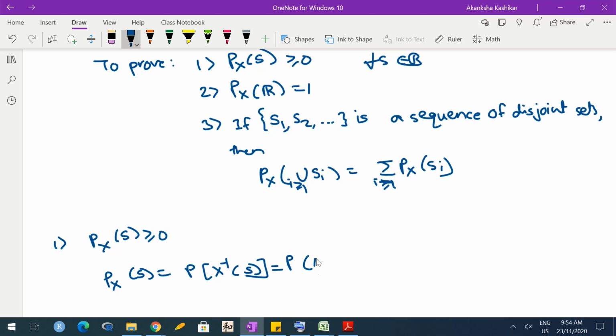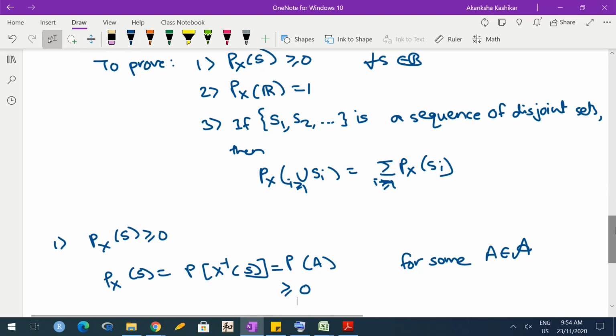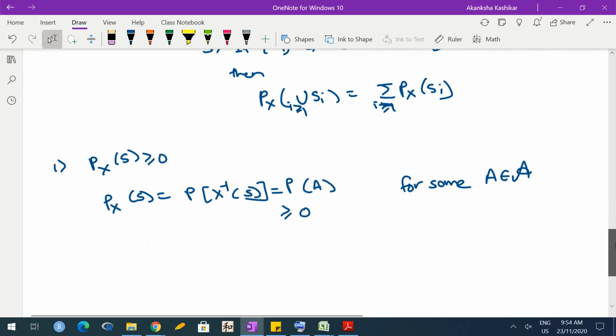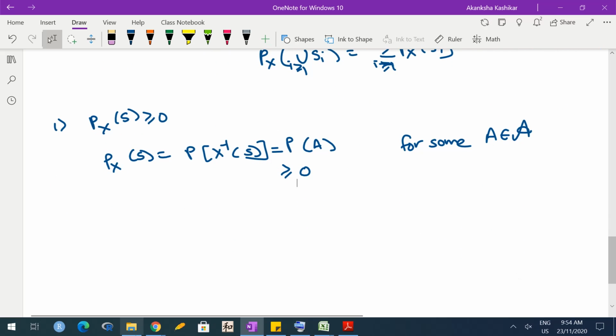So it is the probability of some set A for some A in script A, because that is my definition of a random variable. And we know that P is a probability measure on Omega, script A. So this is always greater than or equal to 0, because P is a probability measure. We don't know whether Px is a probability measure, that we are trying to prove, but we do know that P is a probability measure. So we are going to use it.